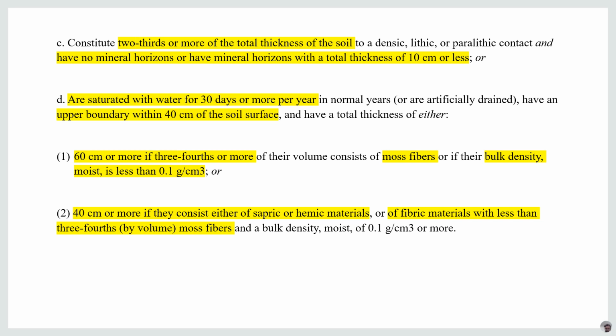Okay, so if we find a lot of fibers, the horizon should be very thick.